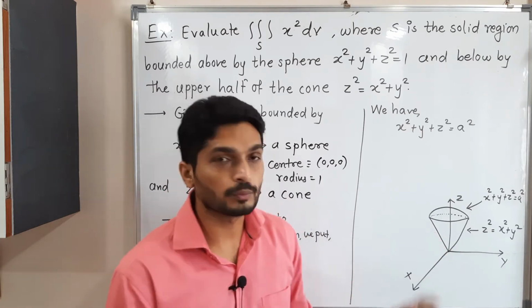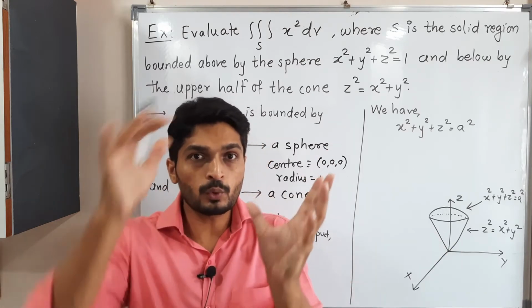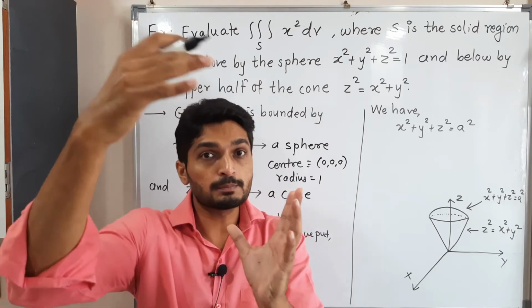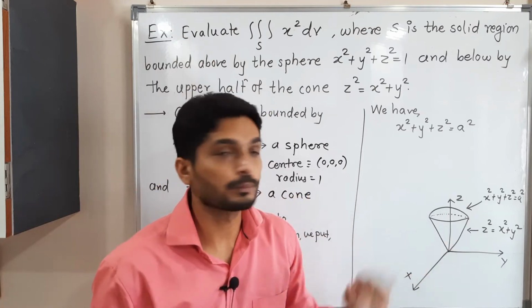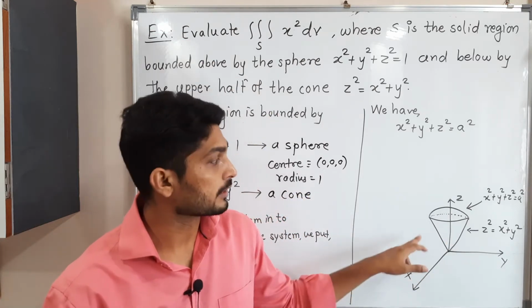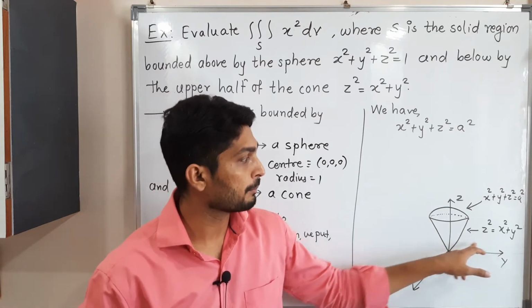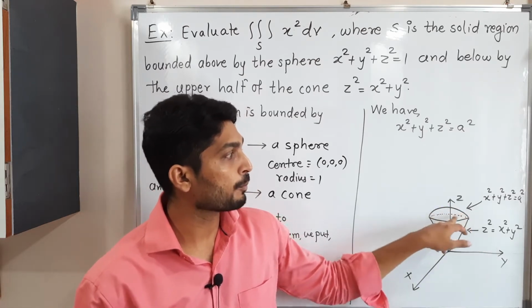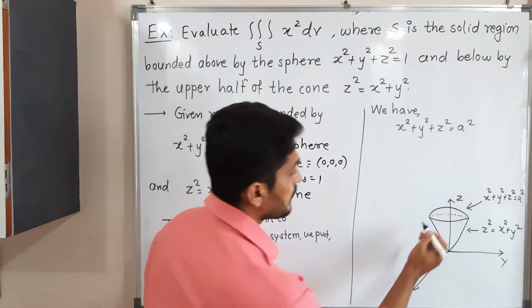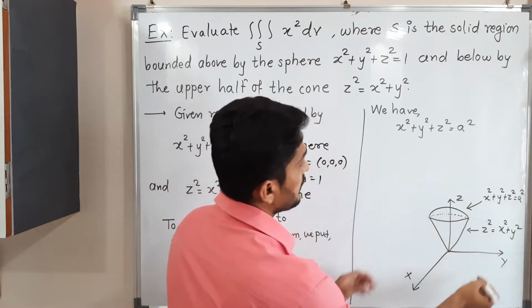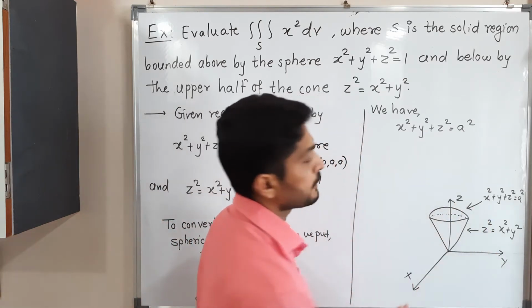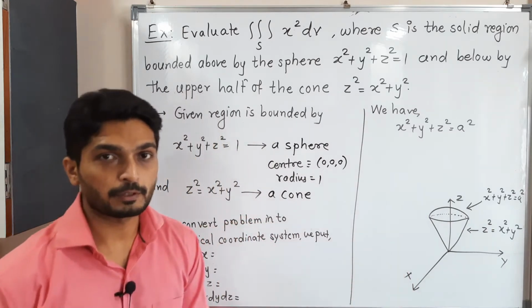So this region is bounded by this cone and bounded above by the sphere. I have shown here clearly it is bounded below by this cone and bounded above by a part of the sphere. Actually we have a complete sphere like this, but it is bounded by just this part of the sphere, so I've shown that part only.